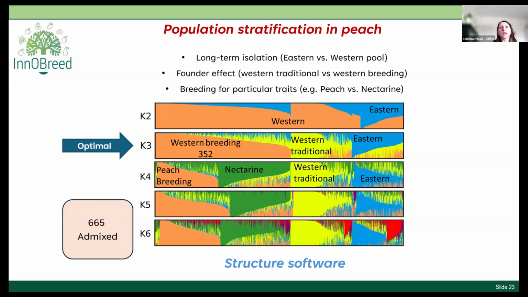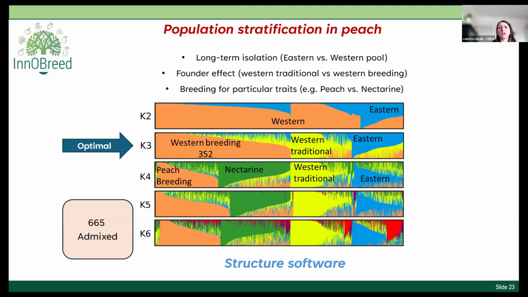At K3, the Western accessions divided into Western from breeding and Western traditional, which reflects the genetic drift due to the founder effect that was the result of the choice of just a few parentals to develop the new varieties in the breeding programs that started in the 20th century.